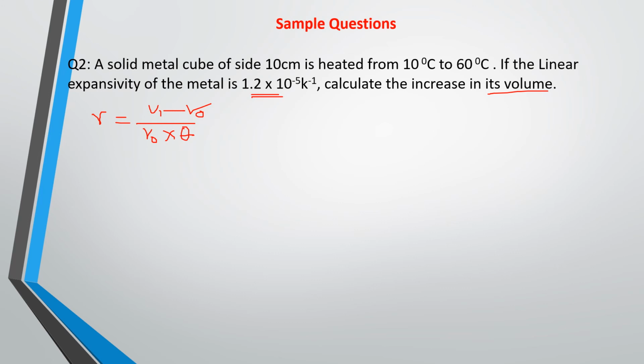From this, the initial volume is 10 times 10 times 10, which gives us 1000 centimeter cube. That's your VO, the initial volume. Then your change in temperature is equal to 60 minus 10, which is 50 degrees centigrade.